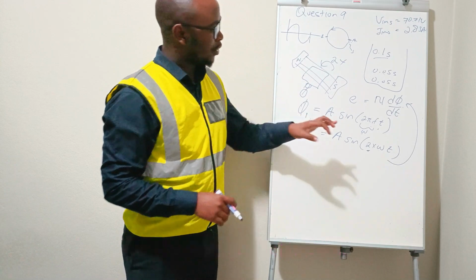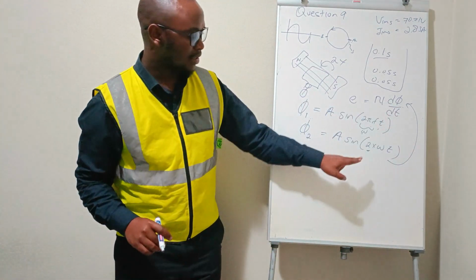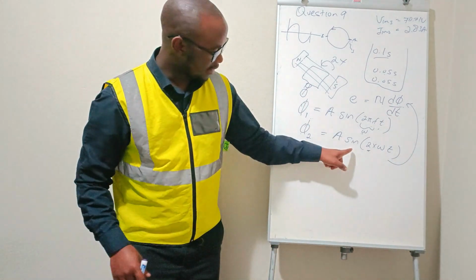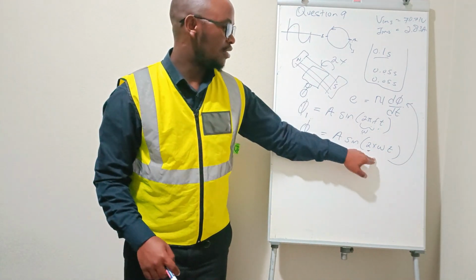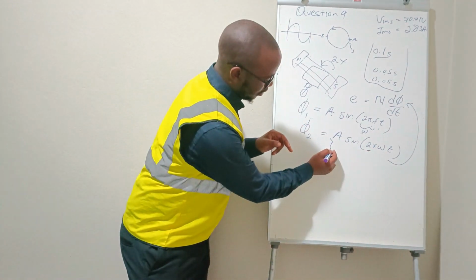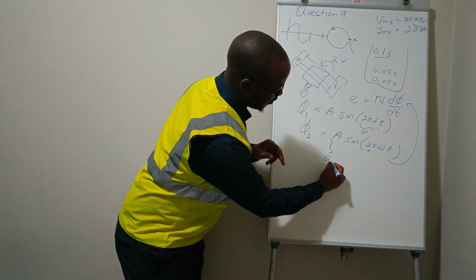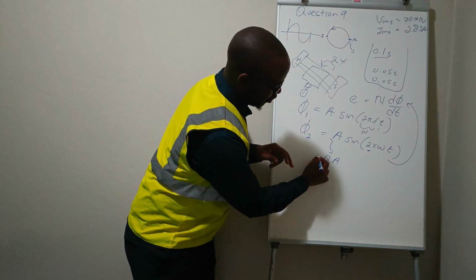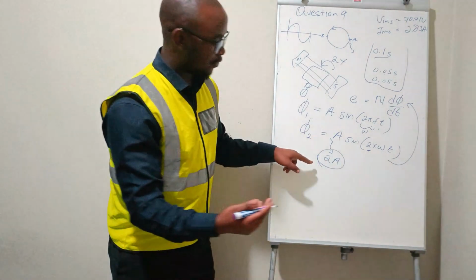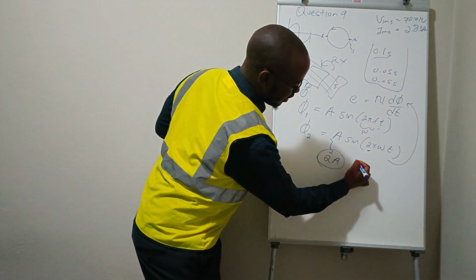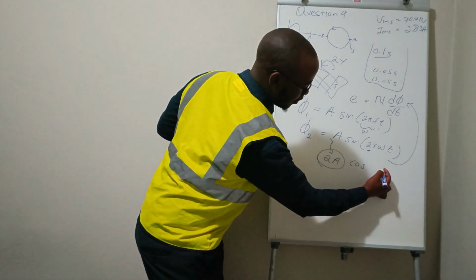Those who are interested will notice that when you differentiate a sine, you get a cos, and this 2 moves over here, and we end up multiplying the amplitude. So the amplitude changes by a factor of 2, and we change a sine to a cos.